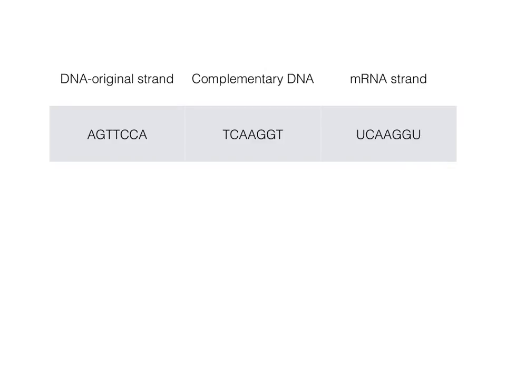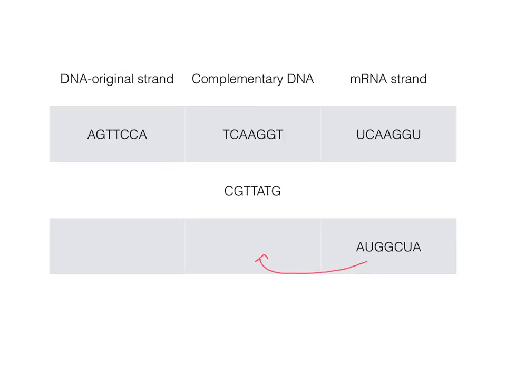So I've put 2 other examples out for you to take a look at. On this one, I gave you the complement, and see if you can figure out what the mRNA strand should be and what the original strand would have been. And in the last section, I gave you the messenger RNA, and see if you can work backwards and turn it into complementary DNA and original DNA.